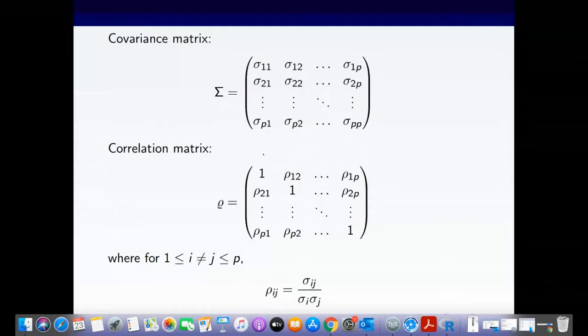So the correlation of itself should be 1. And then for the off-diagonal term, we can define the correlation between the two variables, which is the covariance divided by the product of the standard deviation of x and the standard deviation of the other variable.